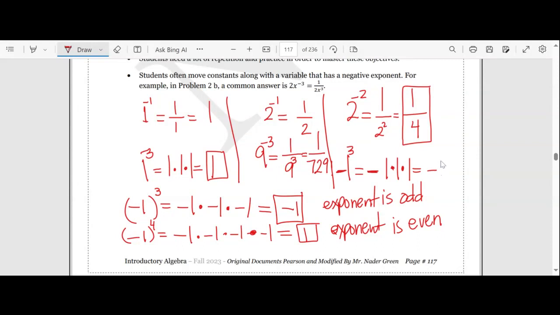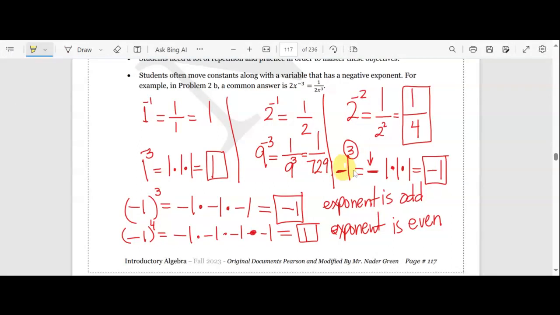The answer is what? Why is it -1? Because this negative has nothing to do with the power 3. This one is different than this one. Is this clear?